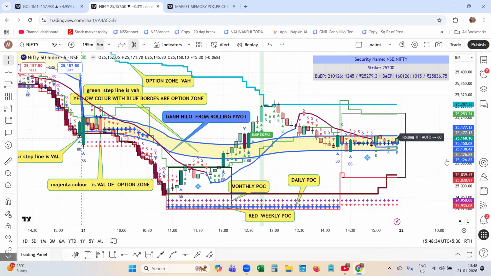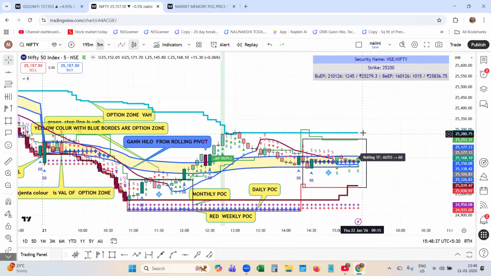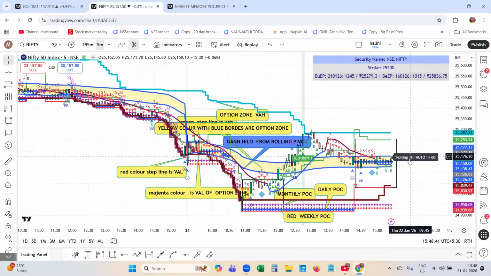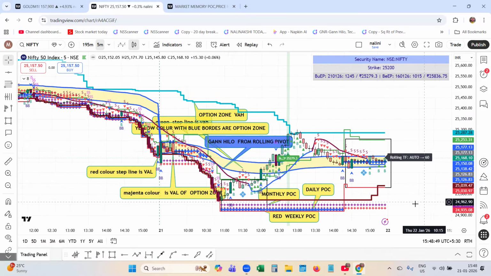Probably tomorrow you can see the market reversing. The market can reverse if it comes down, and if it starts moving higher, or otherwise it can stay within the range also. But it is indicating that at this level buying has come in, and it is an aggressive short covering rally.